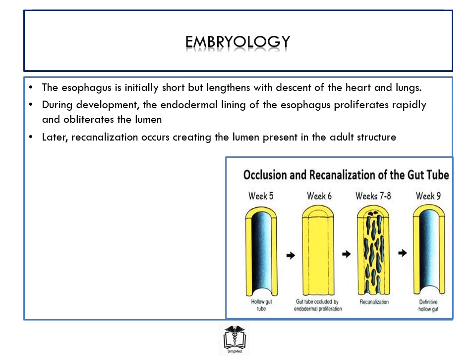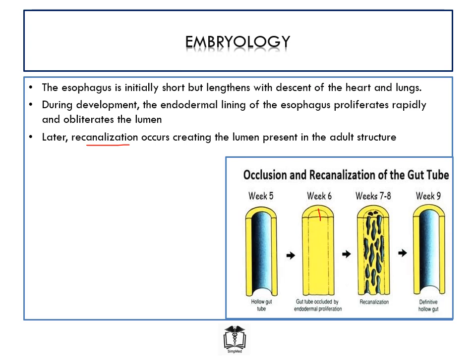That tube becomes obliterated by the presence of proliferating endodermal cells, as shown here. You can see how the entire lumen is obliterated, and then with time the solid endodermal structures that obliterated the lumen begin to recanalize, creating a new lumen at the end of the day.